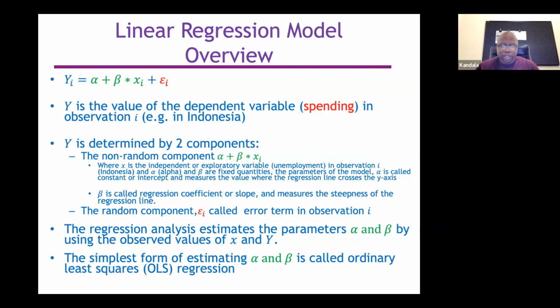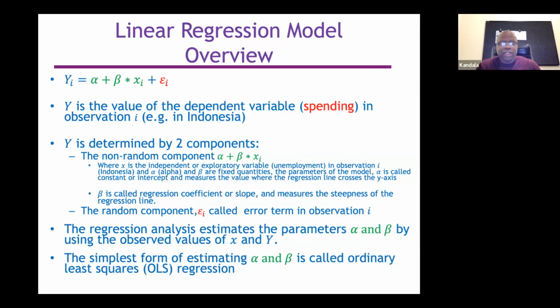ordinary least square regression. And when estimating this monthly or weekly, if you want to repeat it to check in a year's time or in 5 years' time whether there is a relationship between government spending on health and unemployment, this model may help you just measure the X value, unemployment, and from those values predict the government spending.